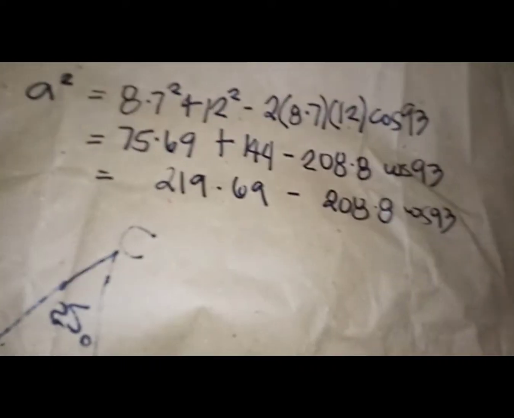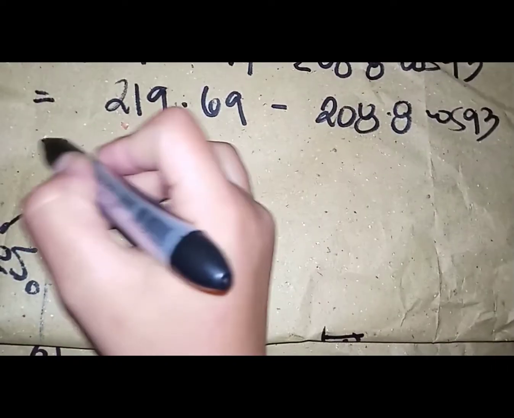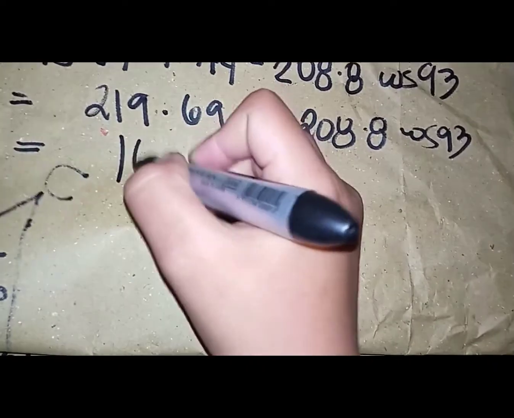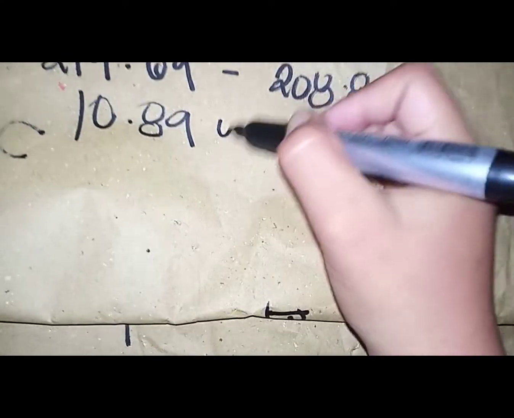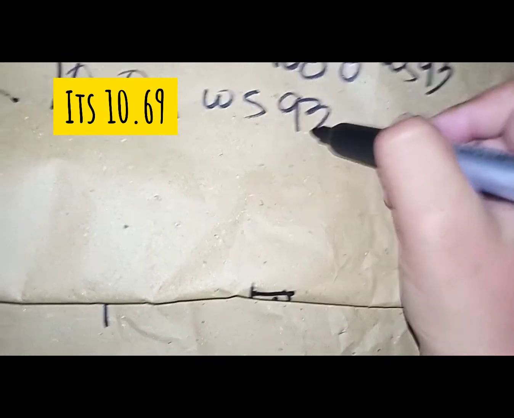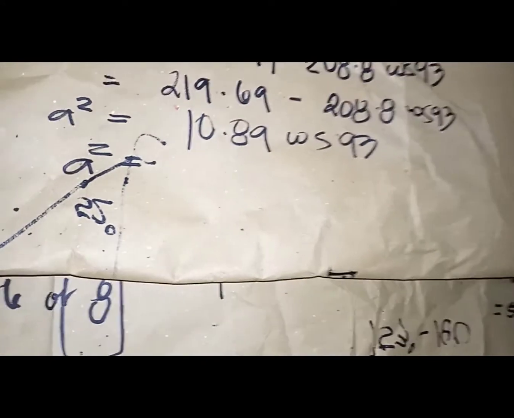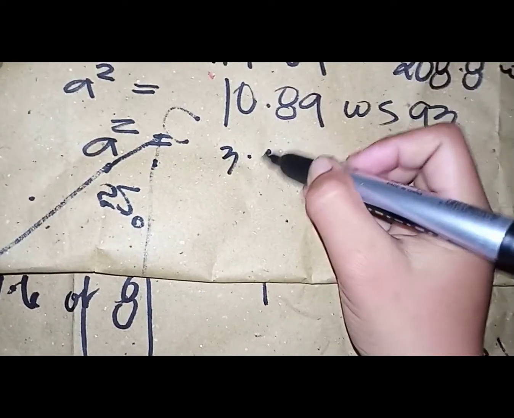Then 219.69 minus 208.8 is equal to 10.89 cos 93, A squared. 10.89 cos 93 is equal to 3.46.